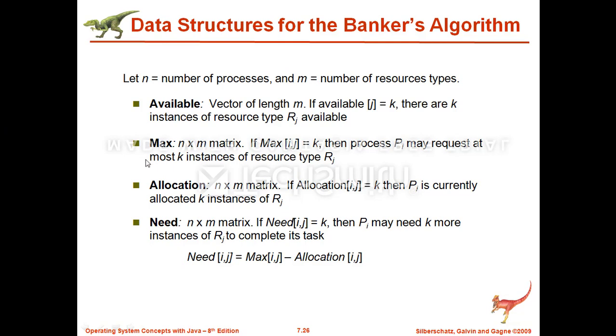How many maximum resources are required per process will be represented by the maximum matrix, and how many copies of resources are already allocated to the process by the system in advance, that is called the allocation matrix. Another one is the need matrix. Need matrix is nothing but after subtracting the initial allotment, how many more requirements each process has, that is called the need matrix.